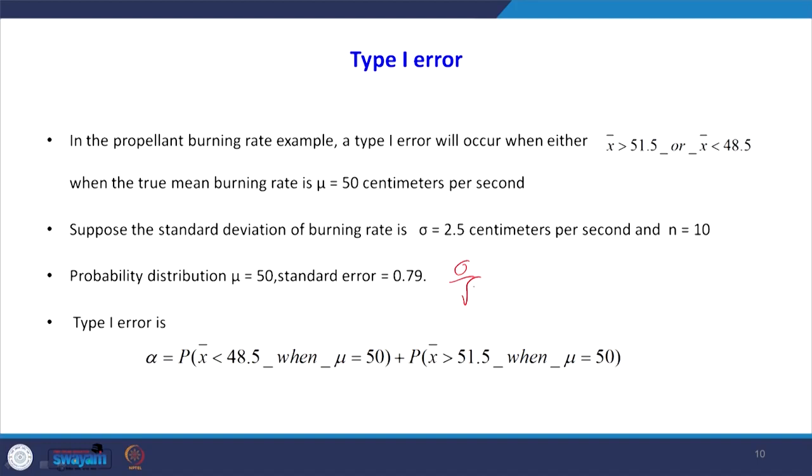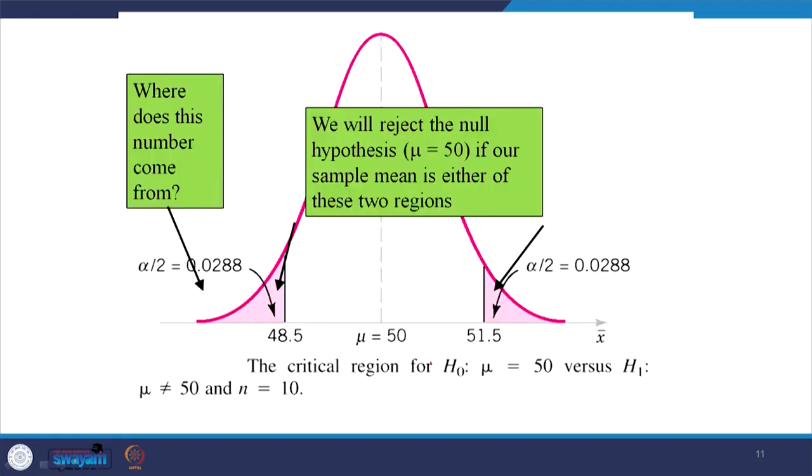So, the probability distribution has mu equal to 50, and the standard error is sigma by root n, that value of standard error is 0.759. So, the value of the type 1 error is the probability of x bar less than or equal to 48.5 when the true mean is 50, plus the probability of x bar greater than 51.5 when the true mean equals 50. You see on the left hand side it is 48.5.